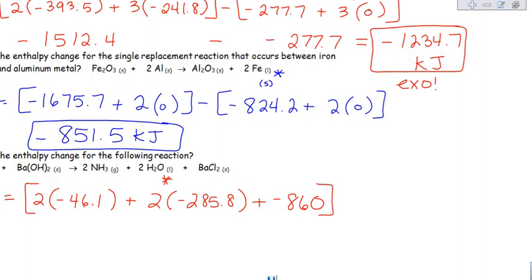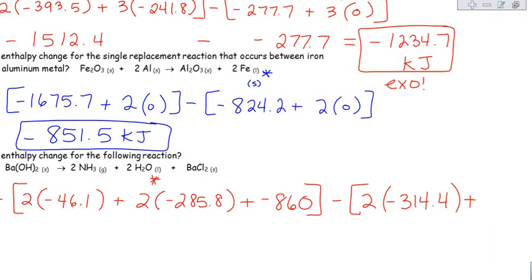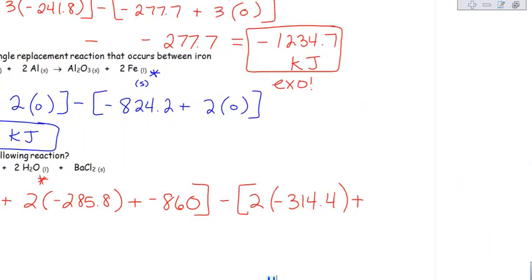Okay, we have 2 reactants. Minus. I've got 2 moles of that ammonium chloride, negative 314.4, plus the barium hydroxide. Oh, I think I can squeeze it in here. Barium hydroxide, negative 998.2.